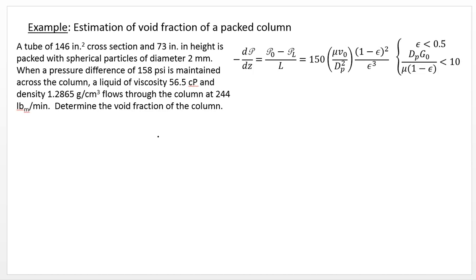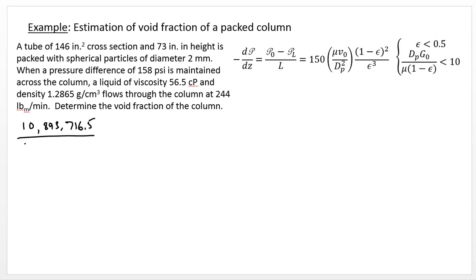So we can say now that from this here, P naught minus PL over L, so the pressure difference, is 10,893,716.5.